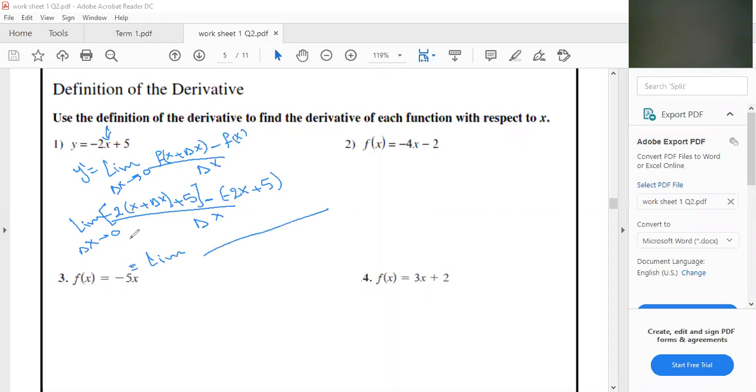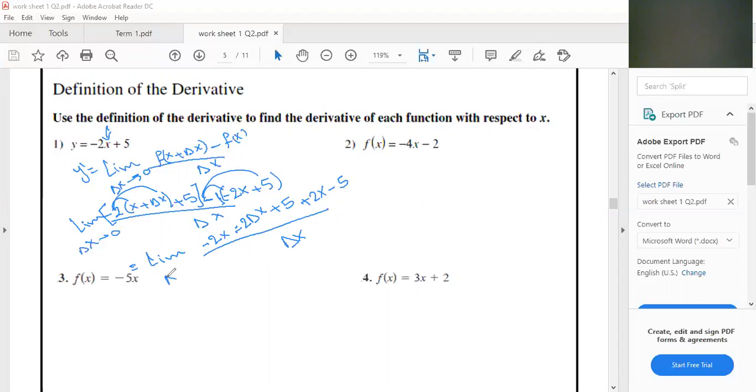Here, simplify, it will be what? -2x. Replace. So distribute. Minus 2 delta x plus 5. Replace. Distribute. It will be plus 2x minus 5. Here, distribute -1: negative multiplied by -2 will be positive, -1 multiplied by +5 will be -5, over delta x.